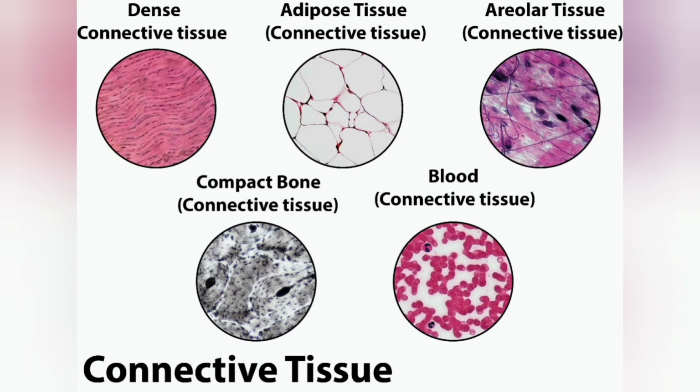Number 1, connective tissue proper includes areolar tissue, adipose tissue, tendon and ligament. Number 2, skeletal tissue includes cartilage and bone. And number 3, vascular connective tissue includes blood and lymph. So let's have the details on each and every type.